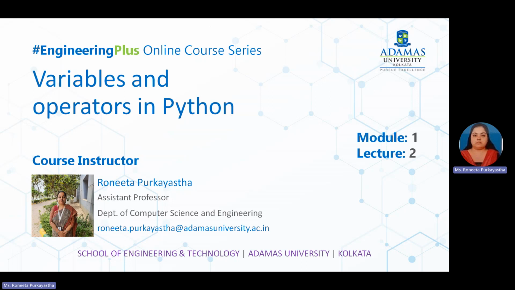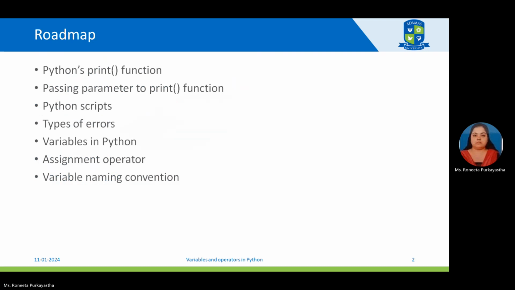Let me take you through the roadmap of our session. We will be starting off with Python's print function. We will look at some basic preliminary code: how to run Python code, where to write Python code, and how to execute the code to see the output.